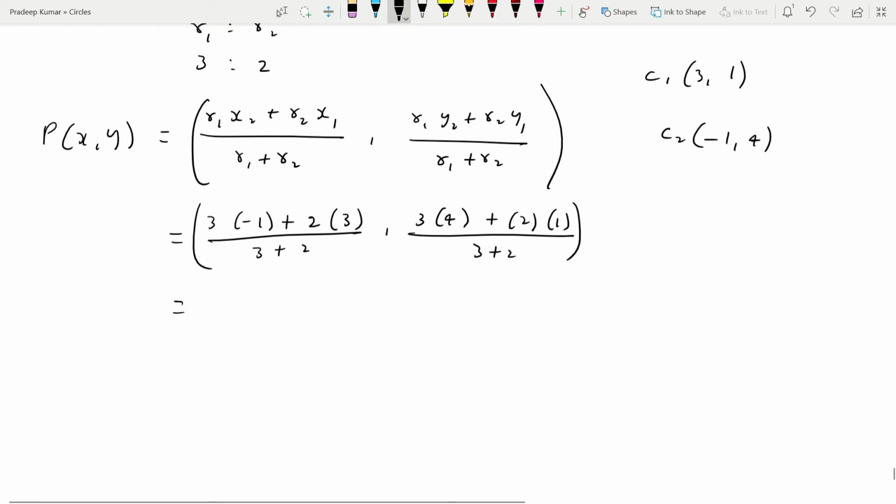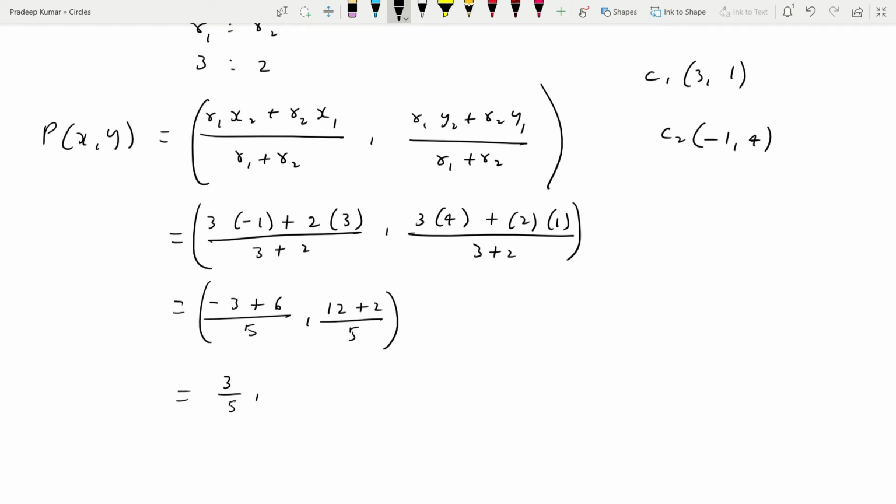So 3 into -1 is -3, and 2 times 3 is 6, and 3 plus 2 is 5. And 3 times 4 is 12, plus 2, over 5. Let's solve this further. -3 plus 6 gives 3 by 5, comma, 12 plus 2, which is 14 by 5.